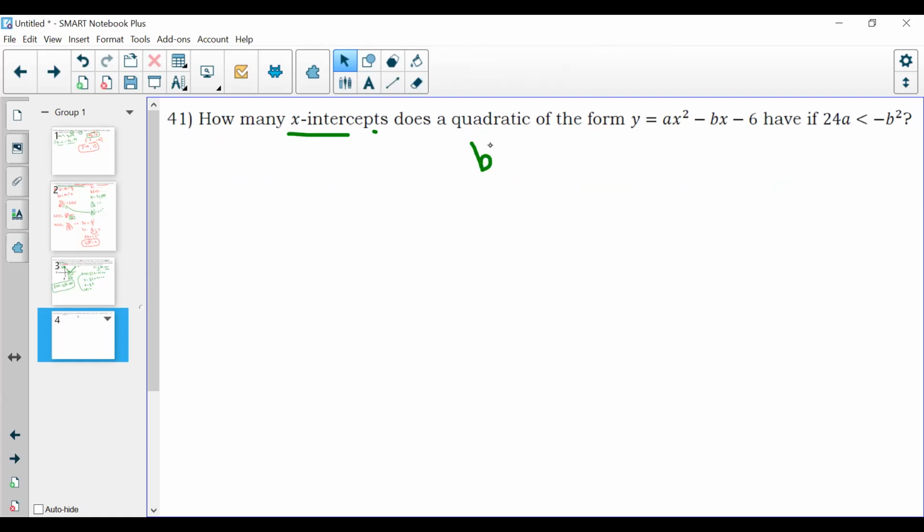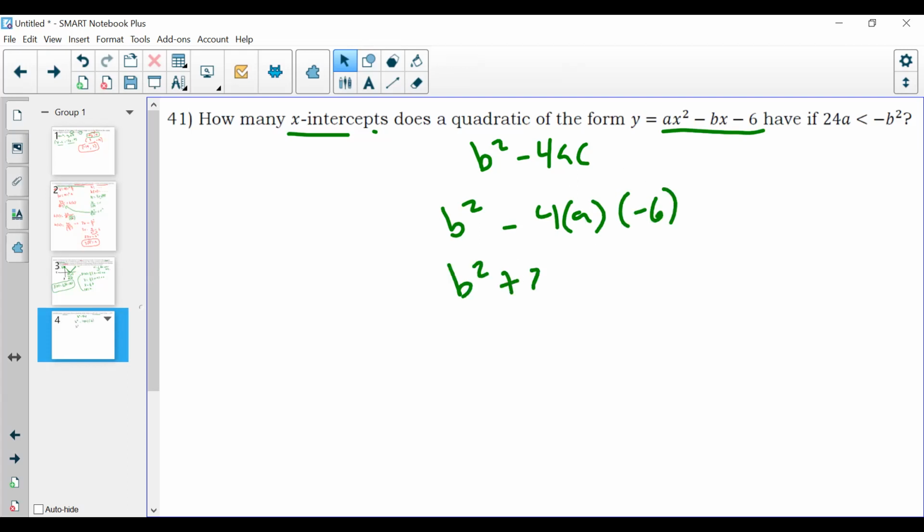So we're using b squared minus 4ac, the discriminant. My b squared is -b, and -b squared is still b squared, minus 4 times my a value of a and my c value of -6. And I get b squared plus 24a.